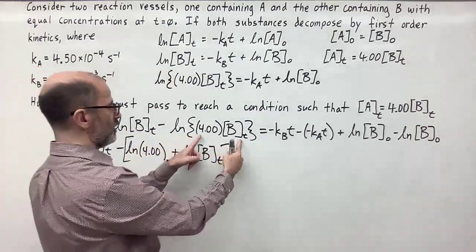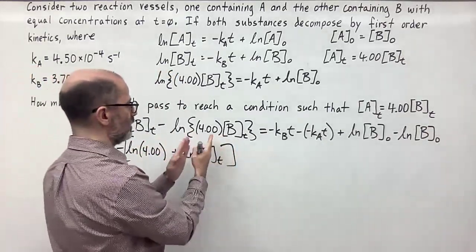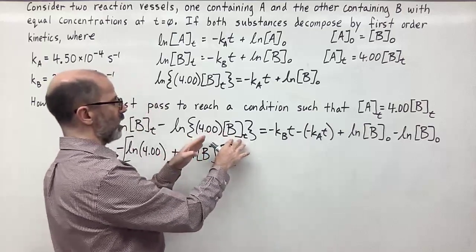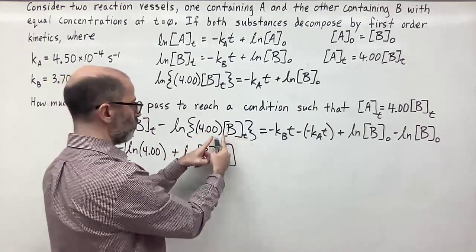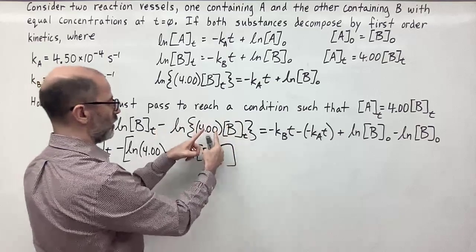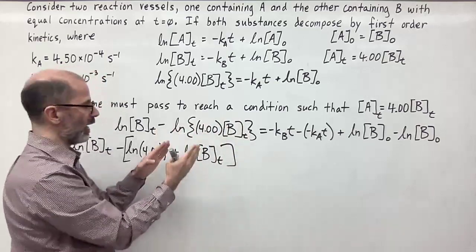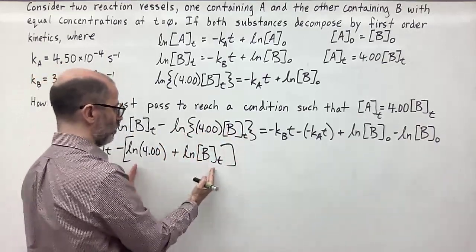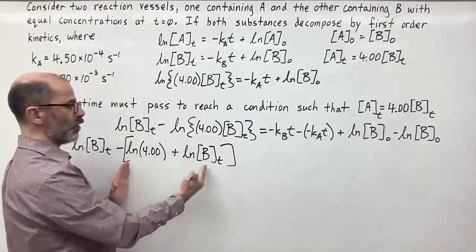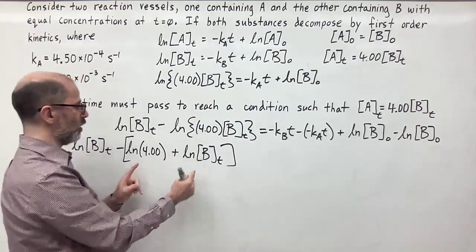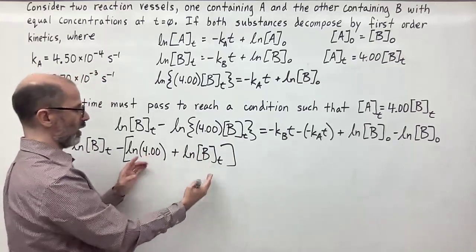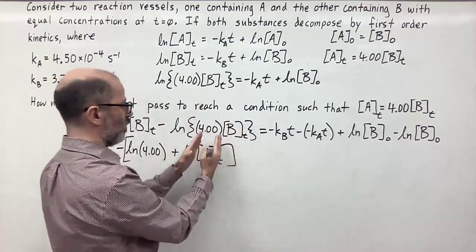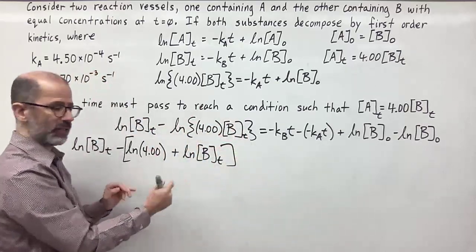So I took this here, and since the 4 is multiplied by the concentration of B at time t, since those are multiplied together and they're within the argument of the natural log, I can separate those by making them add together, right? So whenever you add two natural logs together, you can put them in the argument as multiplied together, and then you can work backwards the other way too.